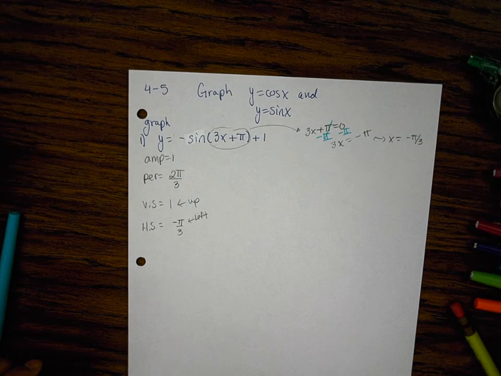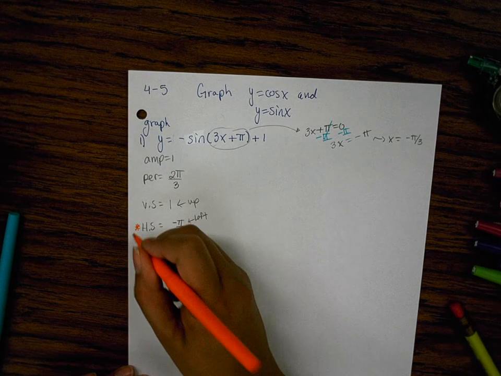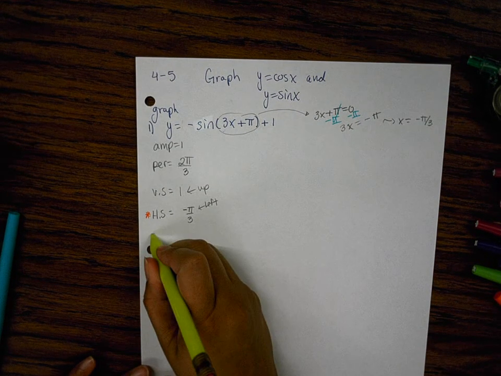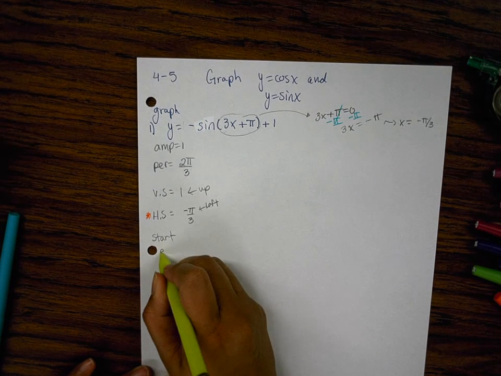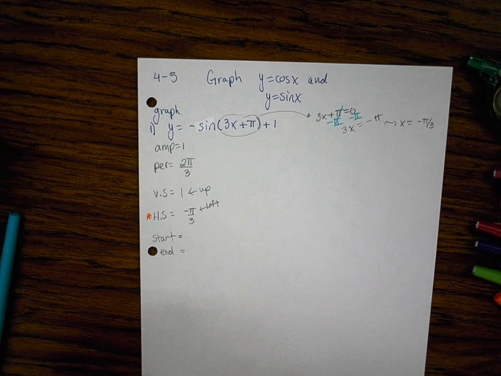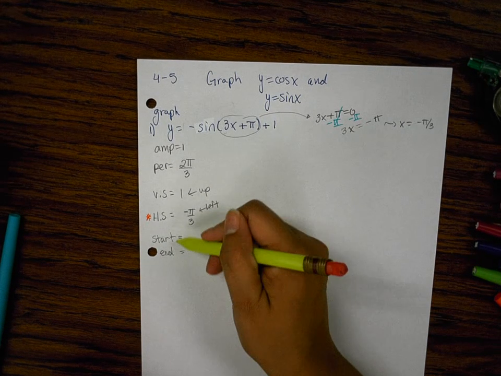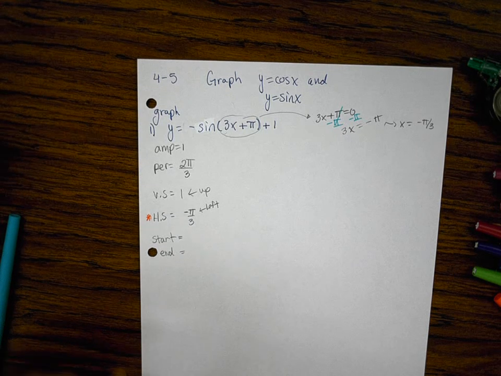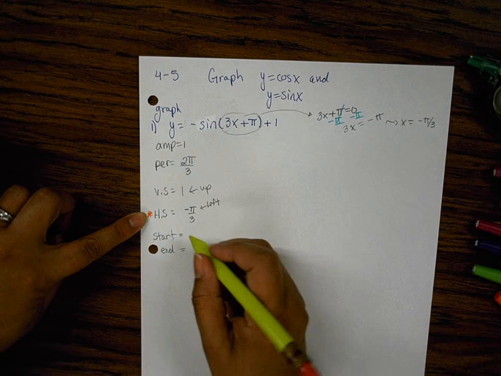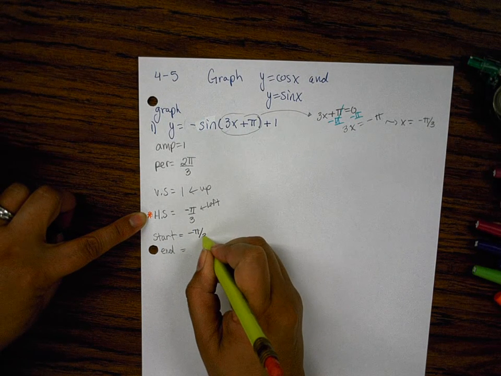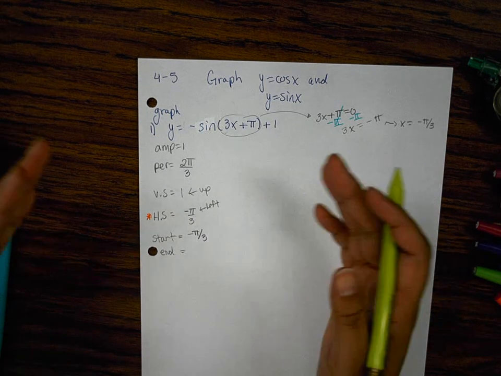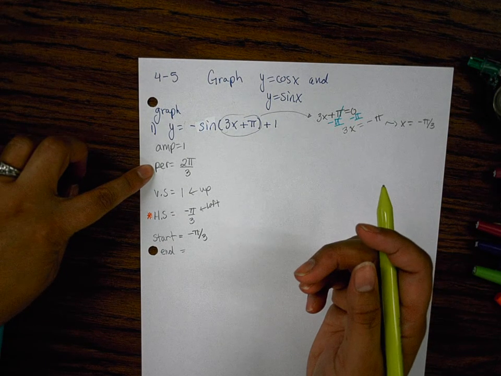Okay, I am going to put a star right here by the horizontal shift because remember, whenever there's a horizontal shift, that changes our start and our end. Our original start is always 0, and our original end is always whatever the period is. But when we have a horizontal shift, it changes the start and the end. If you remember from the previous lesson, your start will always be your horizontal shift, negative pi over 3, and your total period length is going to be 2 pi over 3.